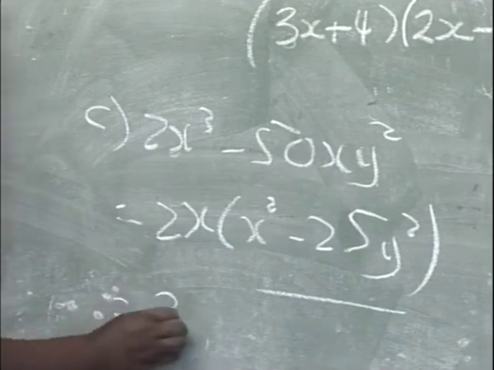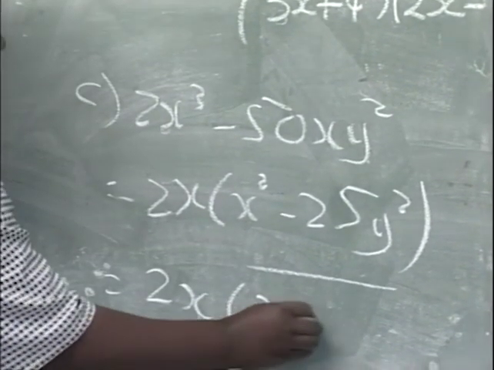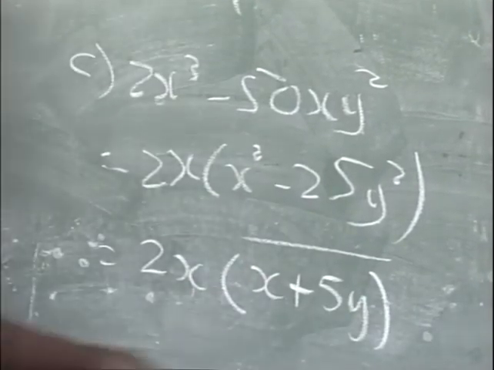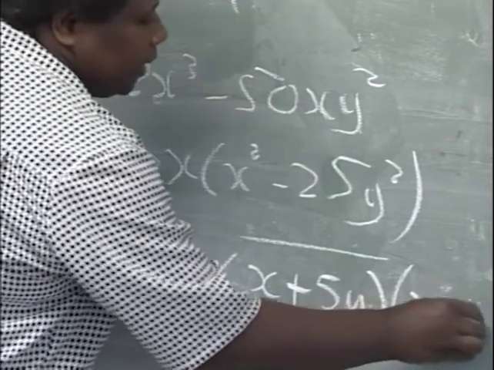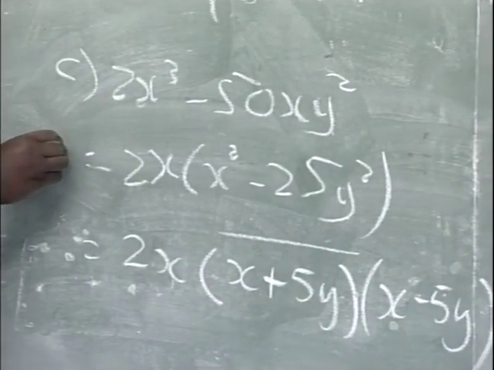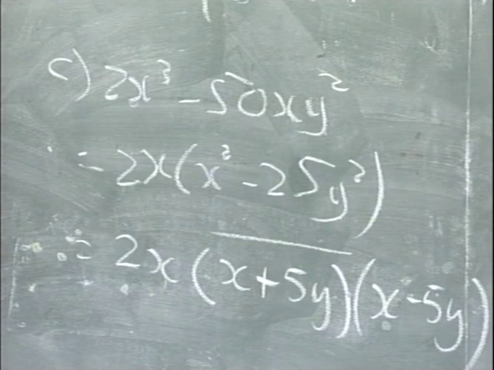So you get 2x times x plus 5y times x minus 5y. This is not wrong, it's just that it's not factorized completely. Okay, that's for group 2, letter C.